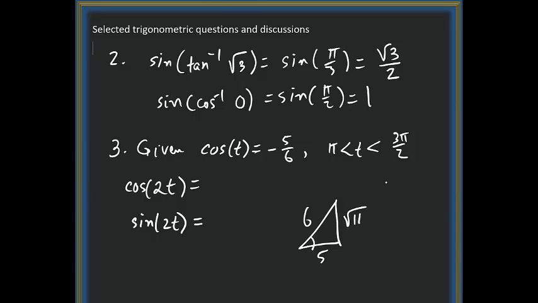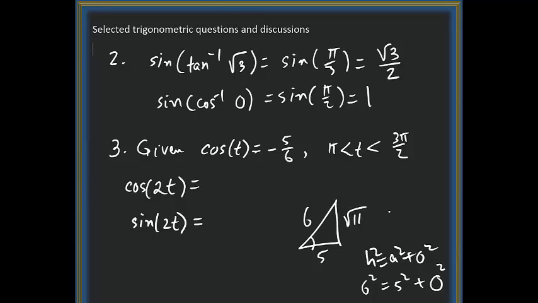Because hypotenuse squared equals adjacent squared plus opposite squared, H squared equals A squared plus O squared. So your H is 6 squared, A is 5 squared, and you need to find O. If you simplify, this is 36 minus 25, which is 11. So O equals square root of 11.